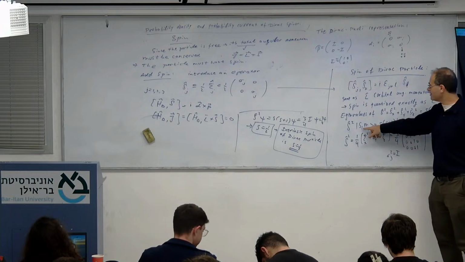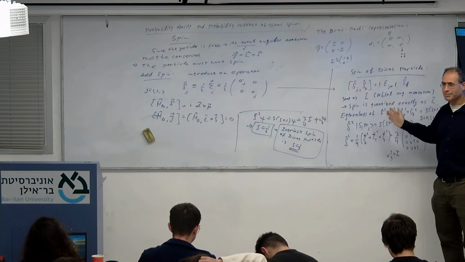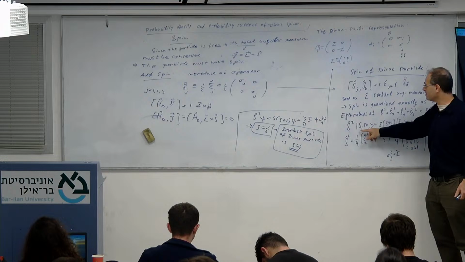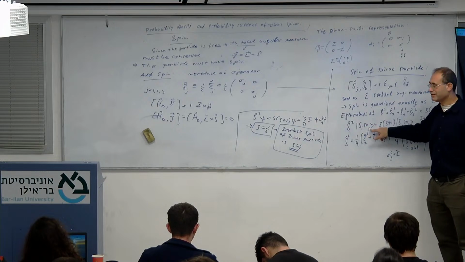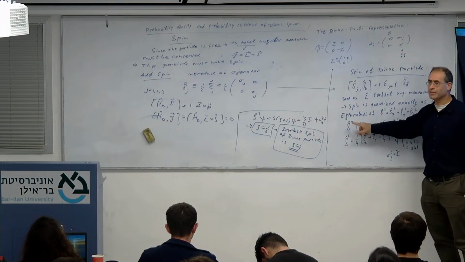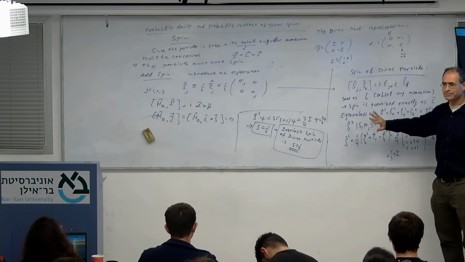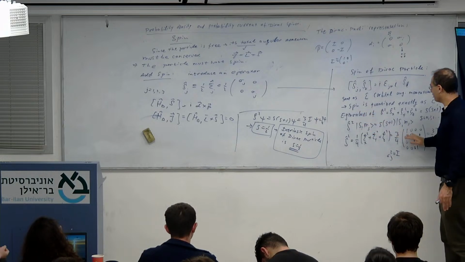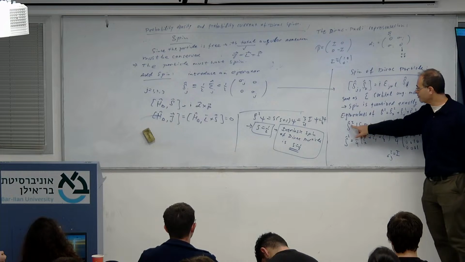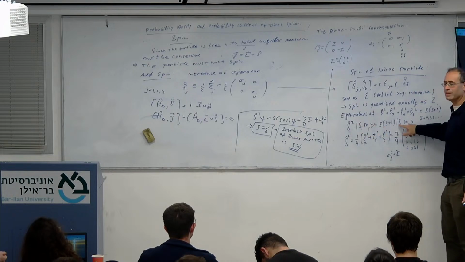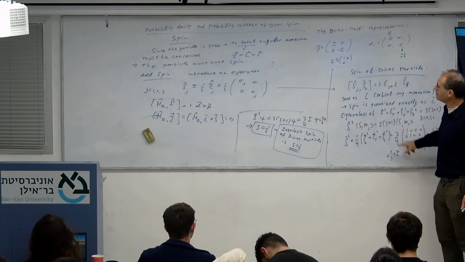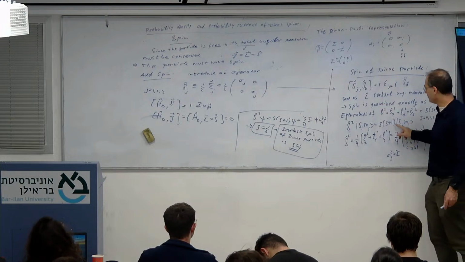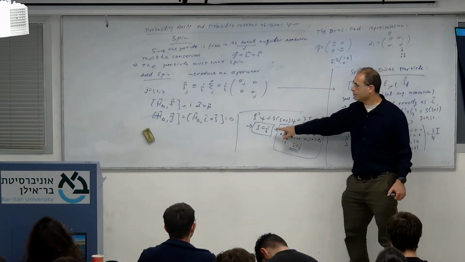So here I call it s and m_s. This represents an eigenstate of both S squared and S in the Z direction. That's what's written here. And if I apply S squared, it will give s(s+1). When I plug it in, I get that s has to be equal to 1/2.